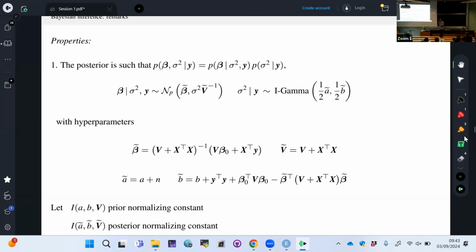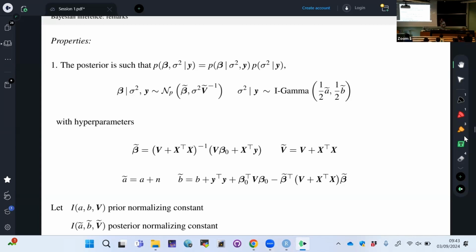But it is still very related to the OLS estimator or the maximum likelihood estimator of beta. Then you have a posterior precision matrix, which is V plus what we called before X'X, something which is familiar, and something which is a bit more complicated for the two parameters of the inverse gamma, not for the first one, A tilde, but for sure for the second one, which has this expression here, but we can forget about it.